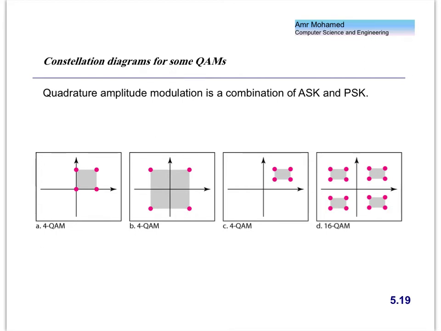Can we have a mixed digital modulation scheme where we change both the phase and the amplitude? The answer is yes. Nothing can stop us. We have what we call QAM, or quadrature amplitude modulation. Quadrature here refers to the phase, and of course the other part refers to amplitude. So this combines the amplitude with the phase. In other words, the symbols may have different phases and/or different amplitudes.